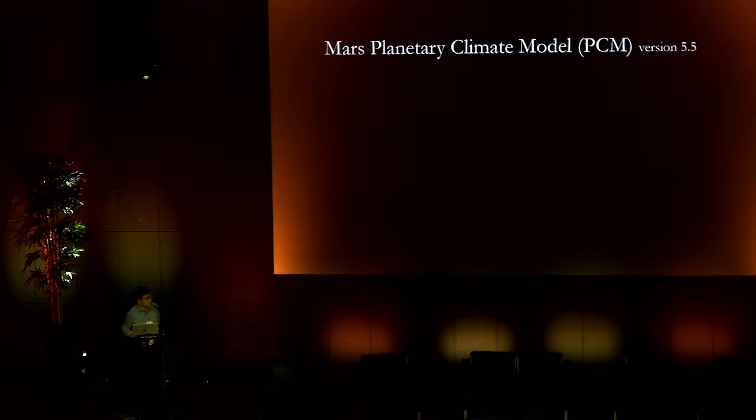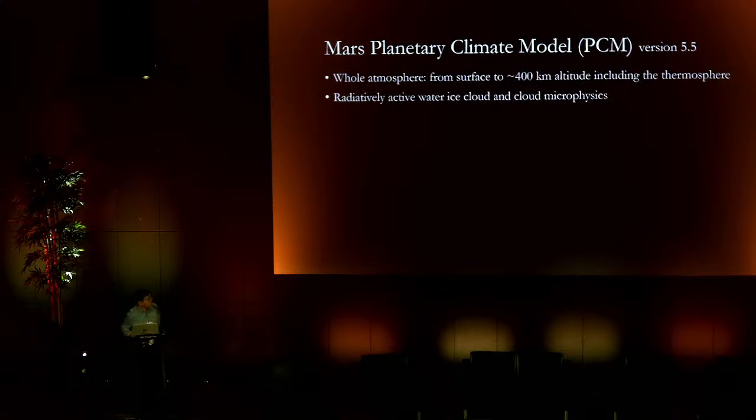The model we use is the Mars Planetary Climate Model, PCM version 5.5. We can model the whole atmosphere from the surface to the thermosphere, and we use the radiatively active water ice cloud and cloud microphysics, a feature in version 6. But we use a simpler treatment for dust. We prescribe dust opacity to certain Mars year observations or to certain opacity values.